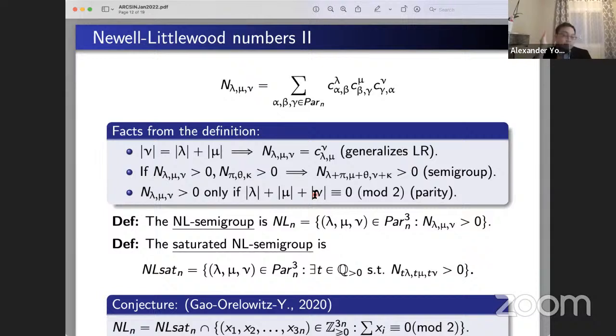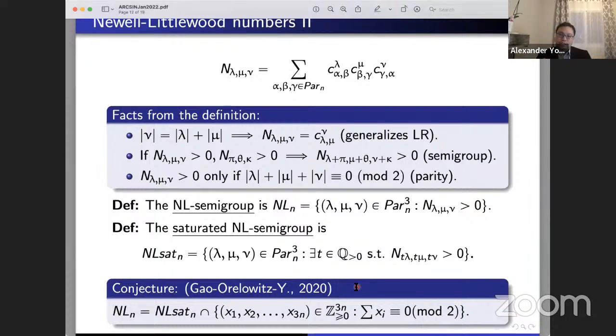Okay, let's mimic what goes on in the first half of the talk. I'm going to define an NL semigroup. It's just all triples of partitions where the coefficient is non-zero. And I'm going to introduce the saturated NL semigroup, which is the exact same thing with that additional quantifier that we talked about. So it's a complete analog.